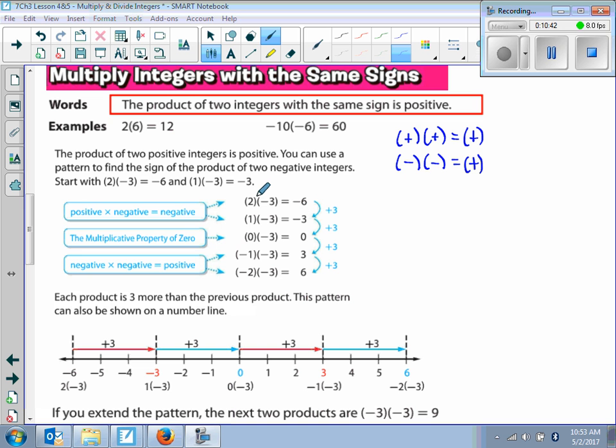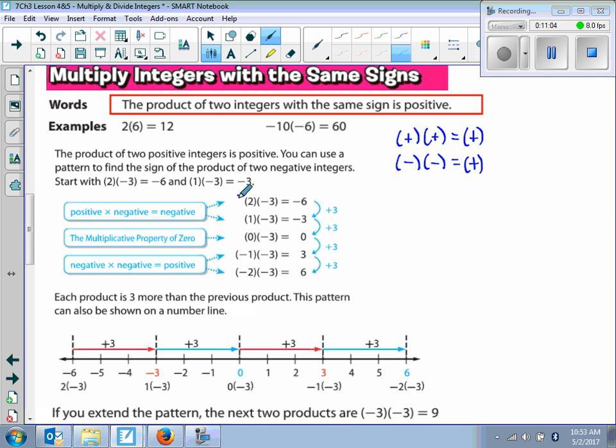So we know positive times a negative is a negative. So 2 times negative 3 is negative 6. We know a positive 1 times a negative 3 is negative 3. We also know anything times 0 is 0. So 0 times negative 3 is equal to 0.